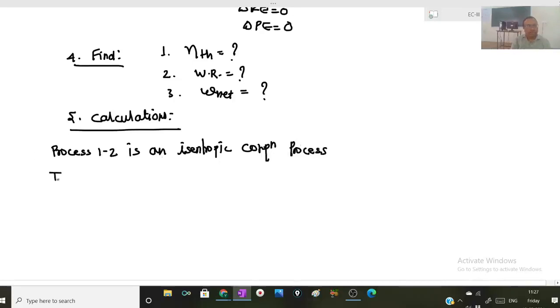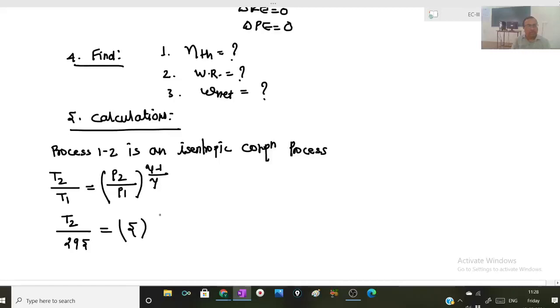It means T2 by T1 will be equal to P2 by P1 raised to gamma minus 1 over gamma. T1 is 295, pressure ratio is given as 5, gamma value is 1.4 minus 1 over 1.4.